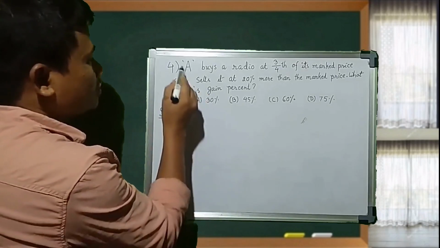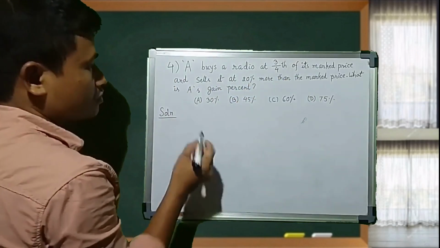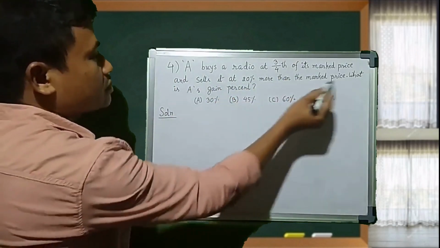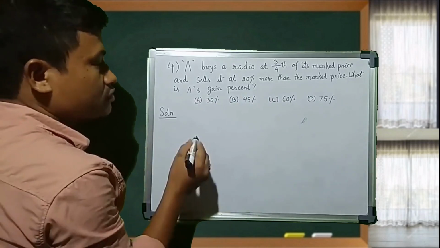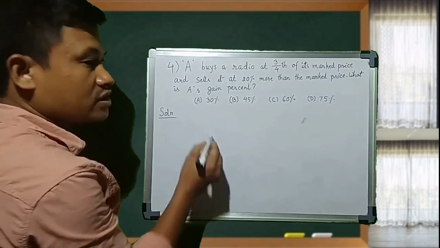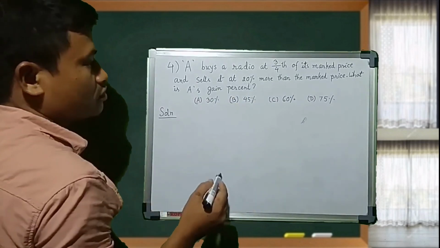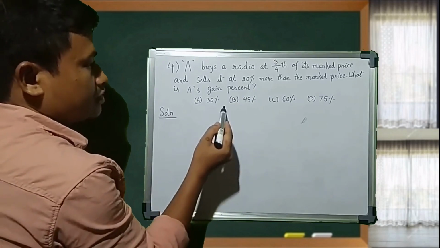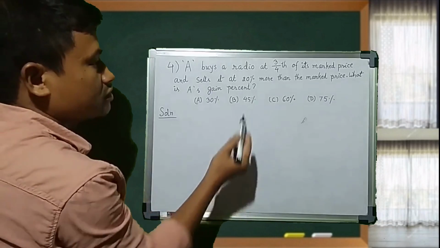A buys a radio at 3/4 of its marked price and sells it at 20% more than the marked price. So we will consider the marked price to be 100 rupees. Why do I consider the marked price to be 100 rupees? Because it becomes easier to find the solution.